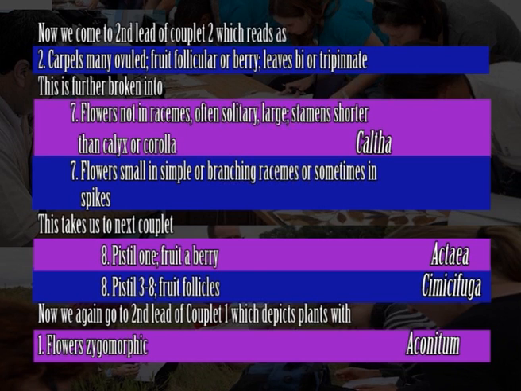This takes us to the next couplet 8, which has two leads: pistil 1, fruit a berry, which refers to Actaea, and pistil 3 to 8, fruits follicle, which are the characters of Cimicifuga.